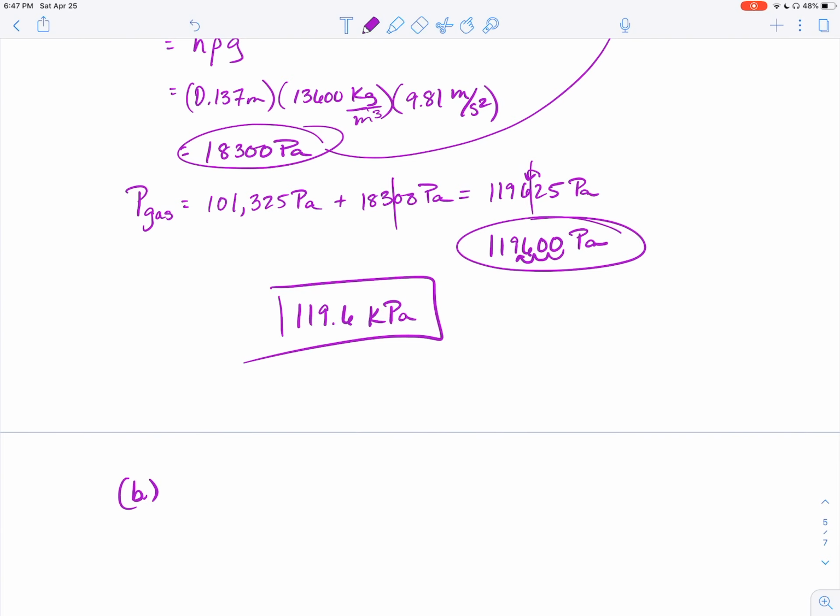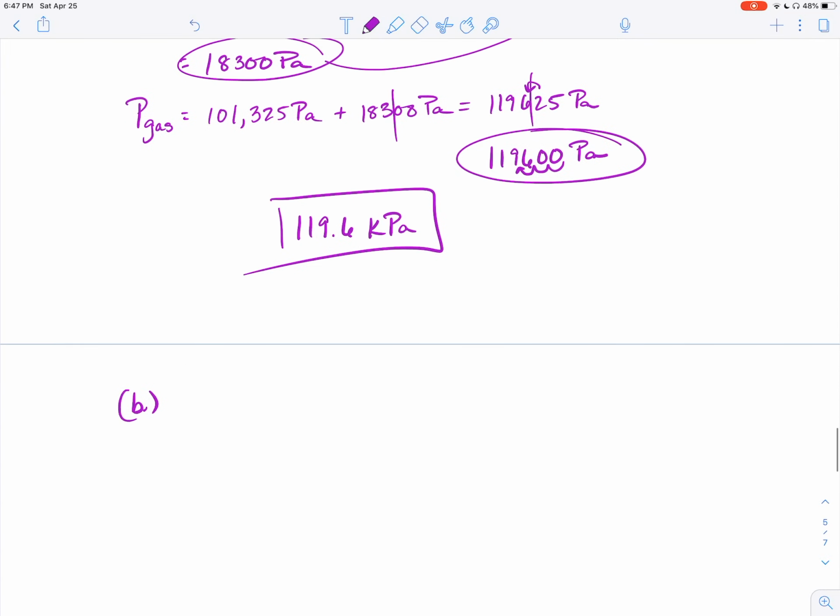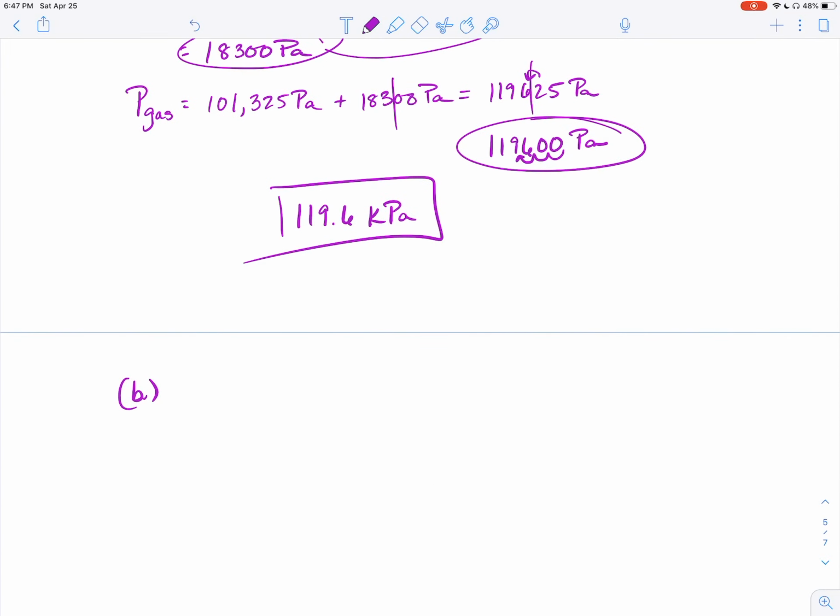Part B, we wanted to convert to ATMs. Okay, well, let's start with our Pascal value of 119,600 pascals. We could start with kilopascals, but we'd have to just convert right back to pascals. So we're going to start with our Pascal value, and we're going to convert that to ATMs. And so we know that for every 101,325 pascals, it's equal to 1 ATM. Pretty simple conversion here.